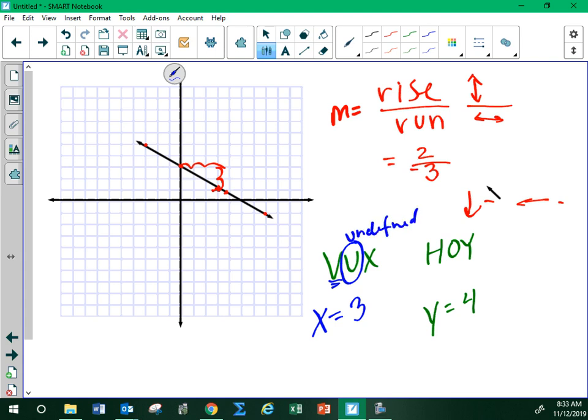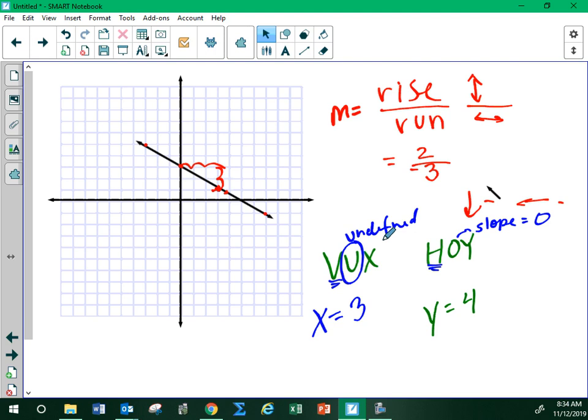So if you have a vertical line, that means your slope is undefined. Whenever we have y equals a number, it's a horizontal line, my slope is 0. So again, horizontal line, slope is 0, y equals number, slope is 0. So these are all the different ways you can be asked to find slope. This is what our mini quiz is on. Do we have any questions before we start our mini quiz?